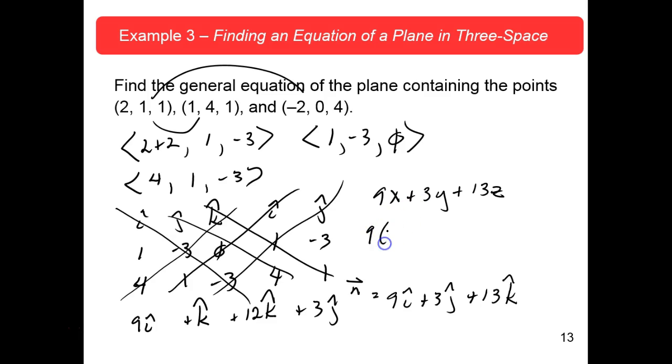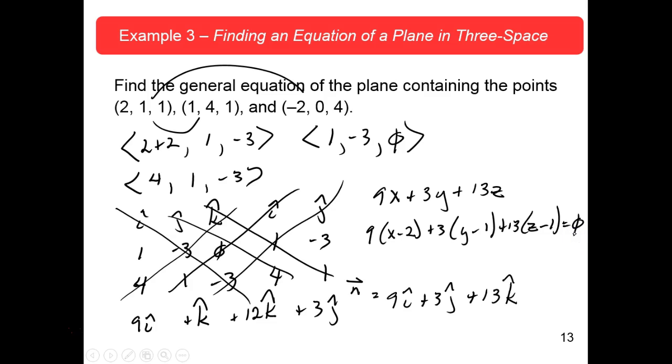So I'm going to do 9 times x minus 2, plus 3 times y minus 1. Is that the one you're using? Right. Plus 13 times z minus 1 is equal to 0.